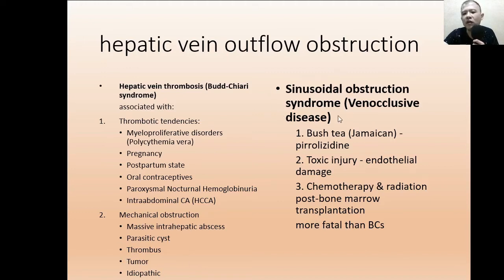For sinusoidal obstruction or veno-occlusive disease, this deals more with obstruction secondary to intake of toxins, and this one is more fatal than Budd-Chiari syndrome. Take note: Budd-Chiari. Chemotherapy also.